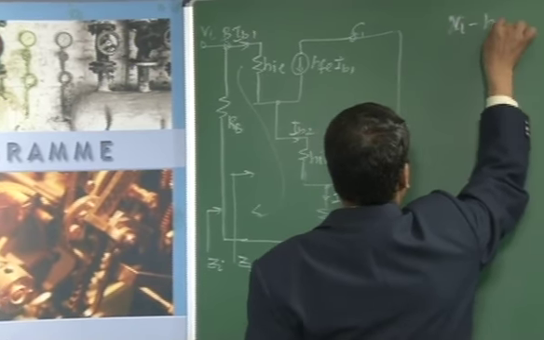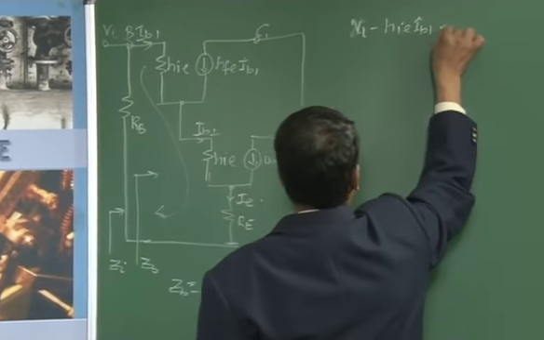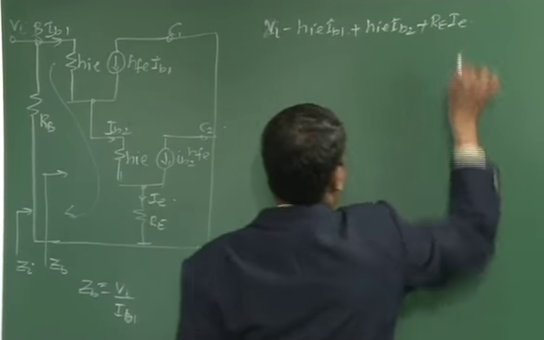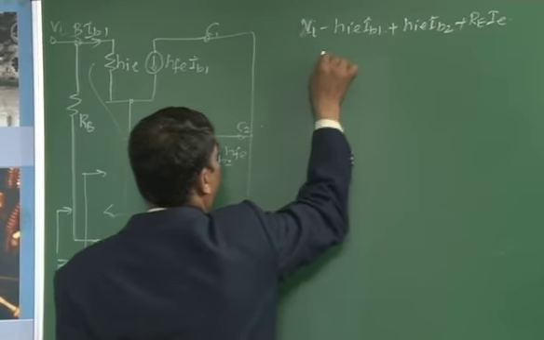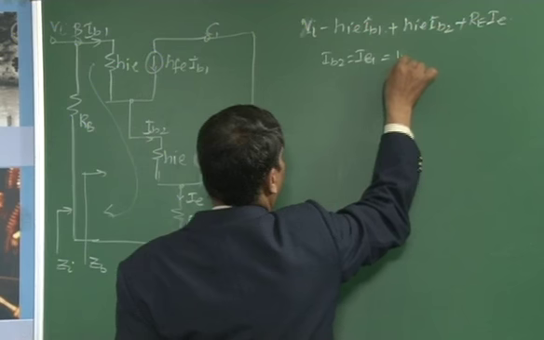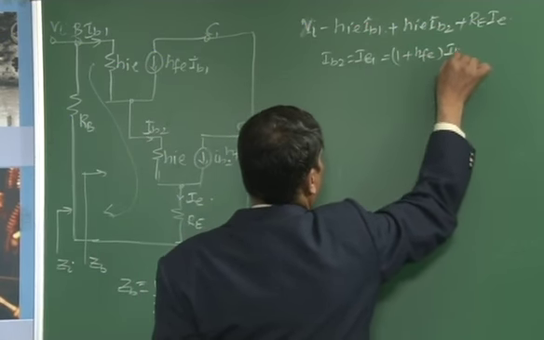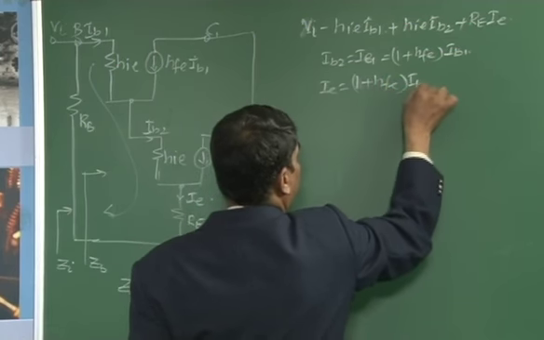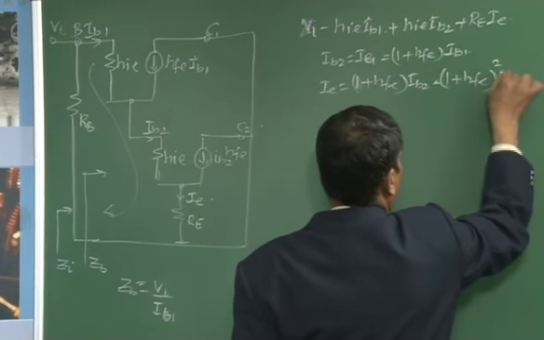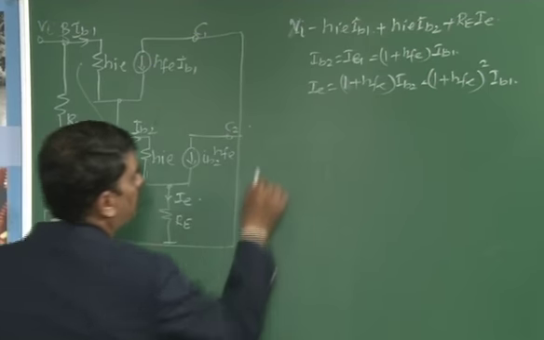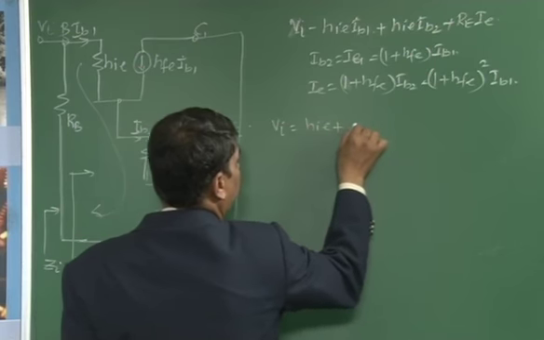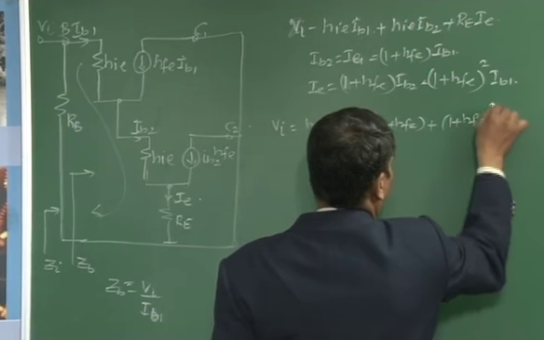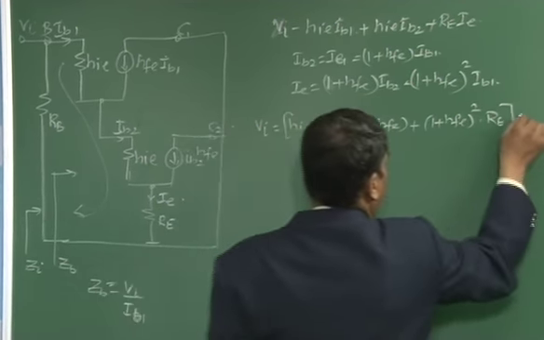Applying KVL, we get Vi minus hie Ib1 plus hie Ib2 plus RE into IE, where Ib2 is equal to 1 plus hfe times Ib1, and IE is equal to 1 plus hfe times Ib2, hence equal to 1 plus hfe squared times Ib1. Substituting into the above expression, Vi is equal to hie plus hie into 1 plus hfe plus 1 plus hfe whole squared into RE, multiplied by the base current Ib1.